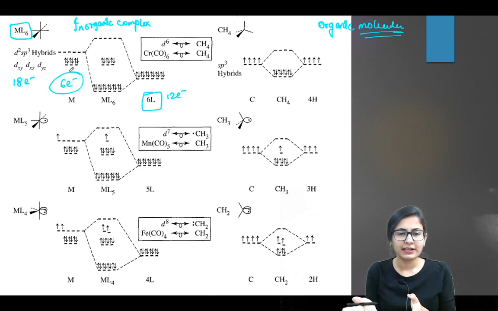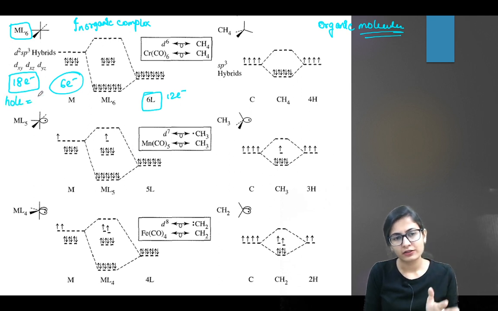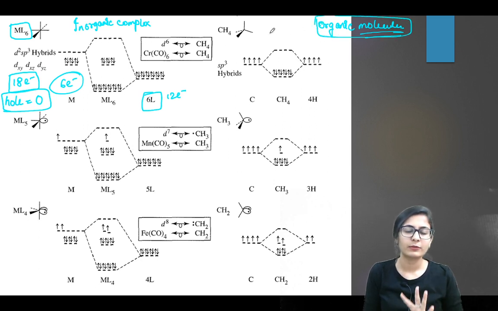It could be a different electron count also, but ultimately we require 18 electrons. So if we are having 18 electrons, what is the number of holes? Definitely, 18 minus 18 is 0 holes for this.